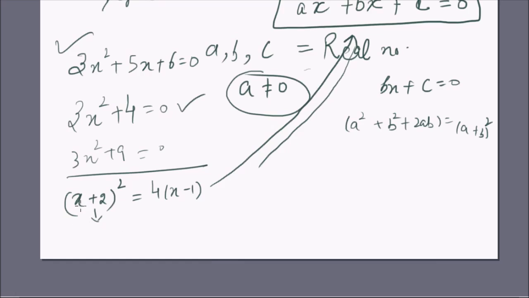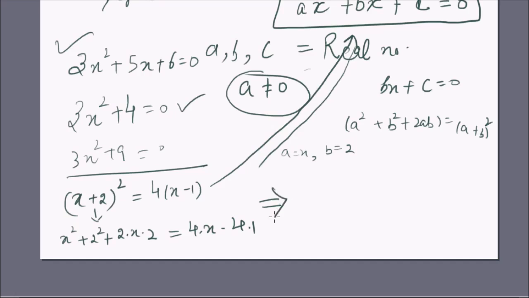Thus, if a is x and b is 2, we get the left hand side as x square plus 2 square plus 2 into x into 2. Whereas on the right hand side, decomposing the brackets, we get 4 into x minus 4 into 1.